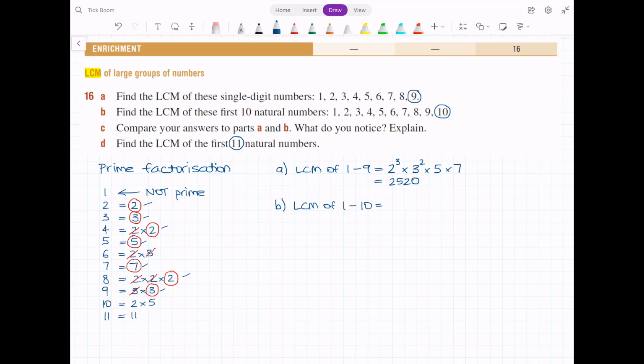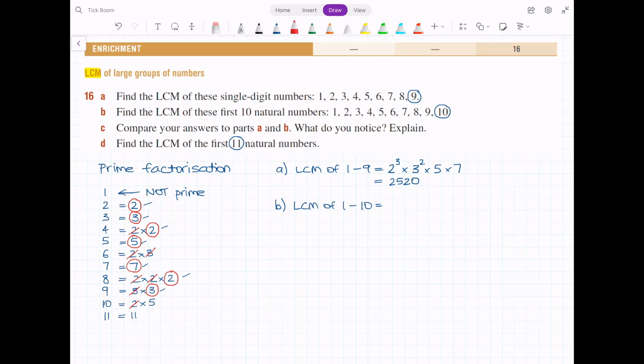And we will just follow the same process, but notice that when we get to 10, we've already circled all the numbers that arise from 1 through to 9. We did that for part A. And if we were doing 1 through to 10, then once we had circled the first 2, we would have crossed off this 2 in the factorization of 10.